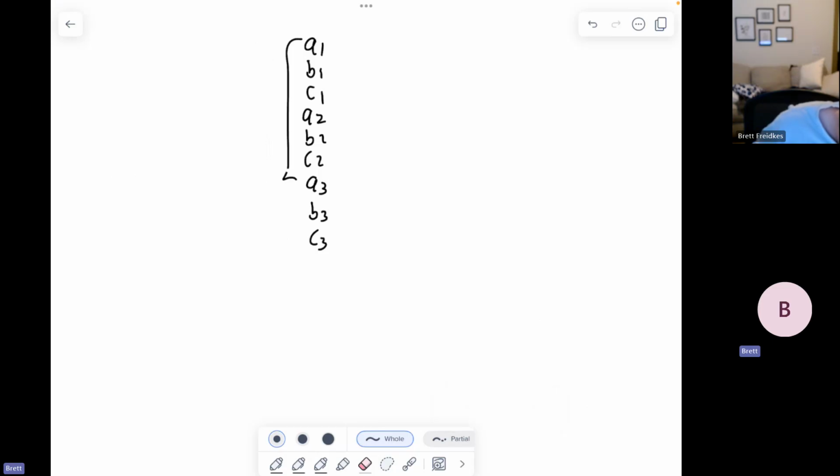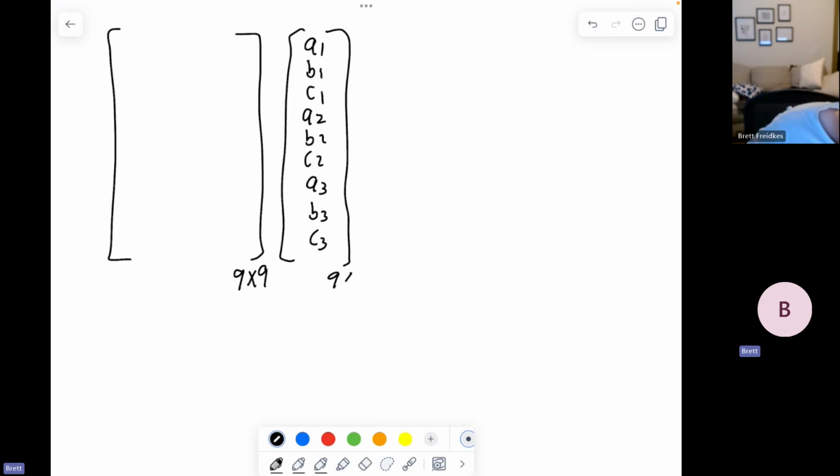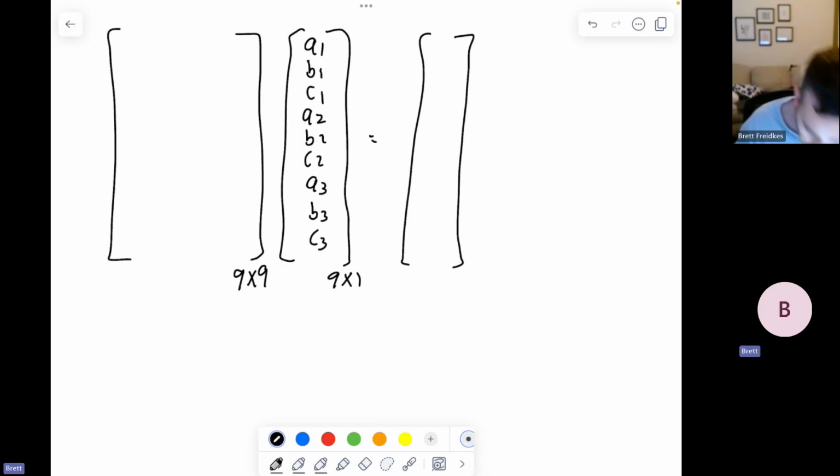Let's make this a little bit bigger. I'm not going to fill these in. They're in our notes. And that will equal some constants on the right. That will also be 9 by 1.